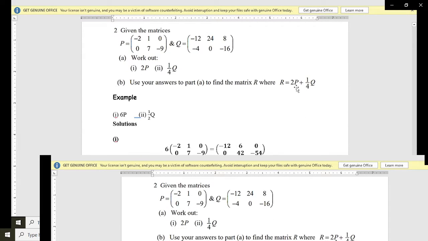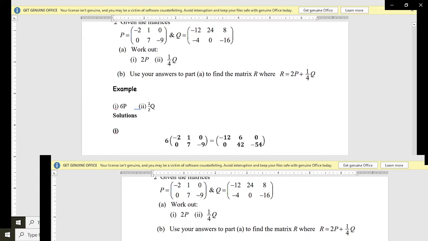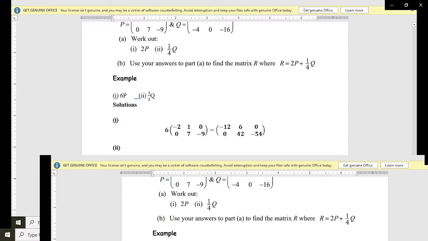So basically, that is what is going on there. You have a 2P and you have a quarter Q, and then you bring them together. So what do we have to bring together now in our example? For part B, what must I write? I'm going to start it. Help me continue.